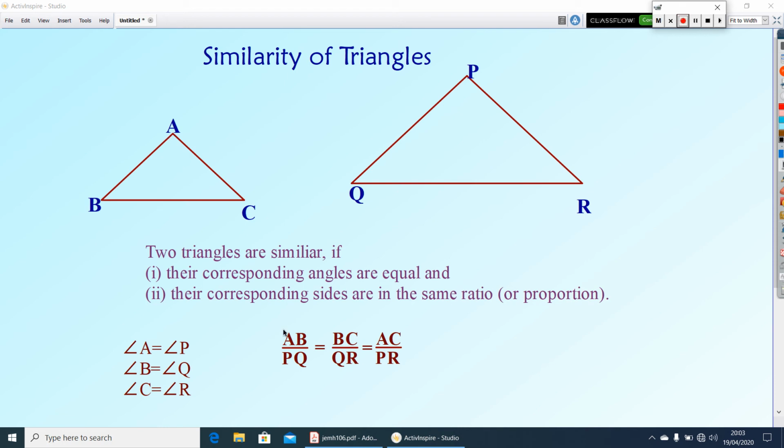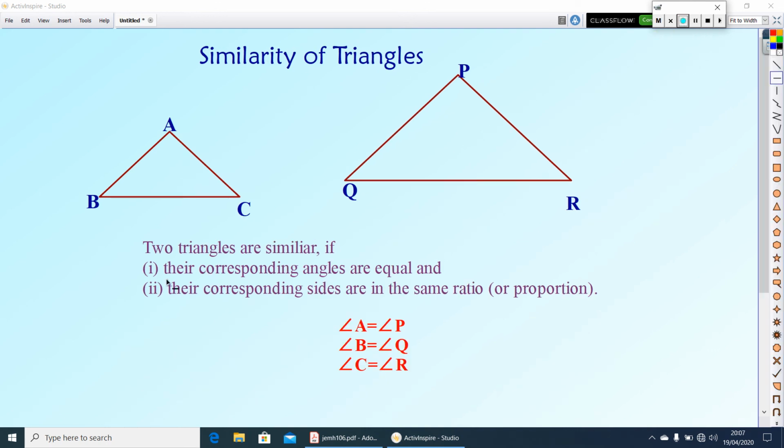That means AB by PQ is equal to BC by QR is equal to AC by PR. If these two conditions are satisfied, the triangles are similar.